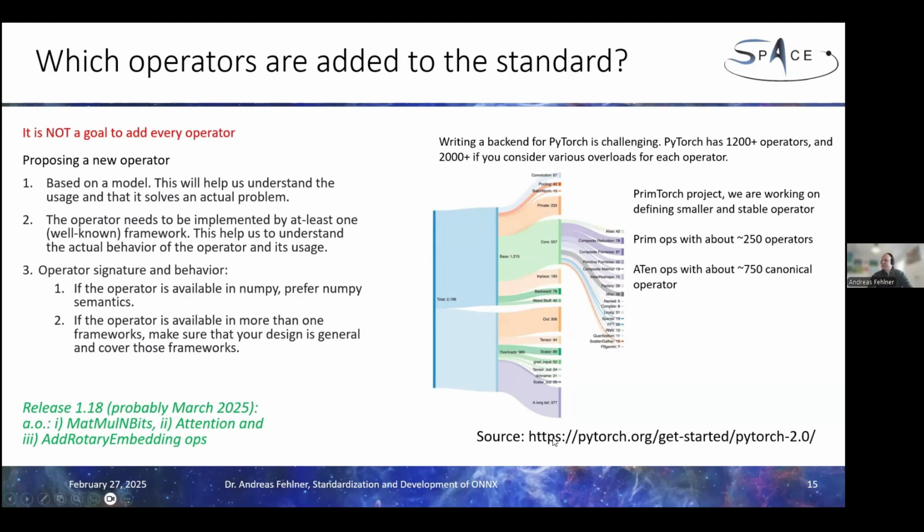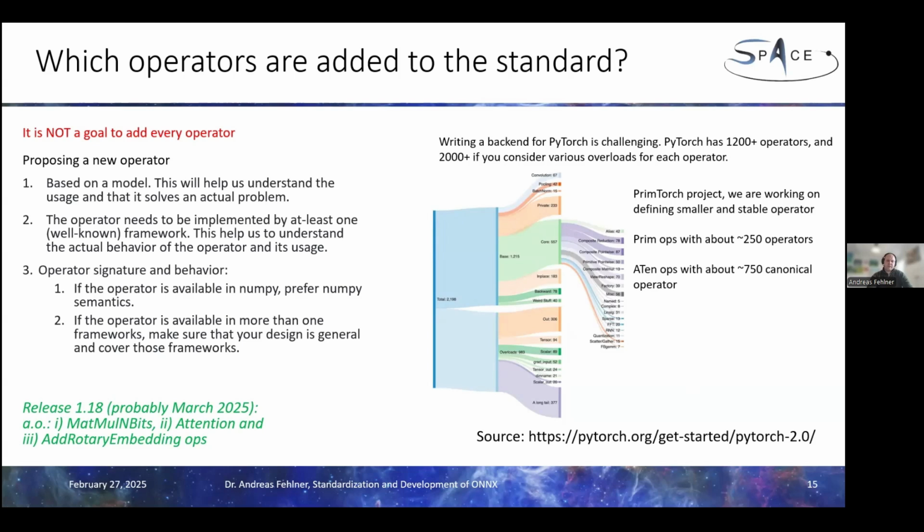And I took a graph from the PyTorch website. PyTorch is also a project of the Linux Foundation now, and you see here, PyTorch has over 1,200 operators and quite a lot of overloads. There are quite a lot of operators which just deal with convolutions, for example.